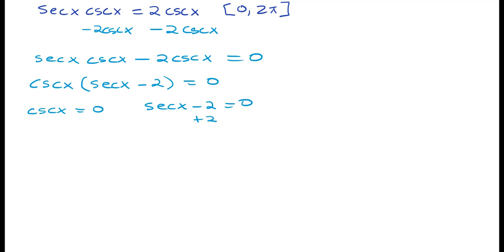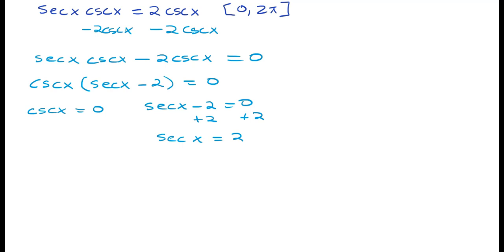So let's add 2 to both sides. So we have secant x equal to 2. And here we have cosecant x equal to 0.